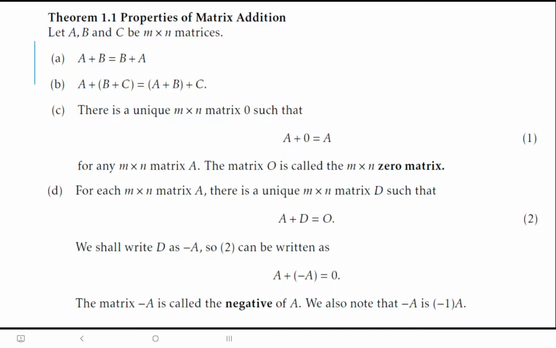Okay, so suppose we have a matrix A, meron daw mag-exist na matrix D such that pag inadd mo si D kay A ay mag-i-equal siya sa 0 matrix. Okay, and then I think obvious naman na ang tinutukoy natin na D ay si negative A, or yung negative 1 multiplied to the matrix A, and we have the following. So A plus negative A to be equal to 0. Okay? And then we can write it down as negative A or negative 1 times A.